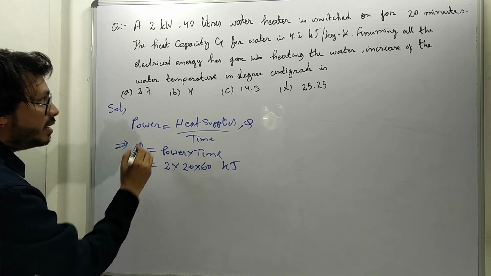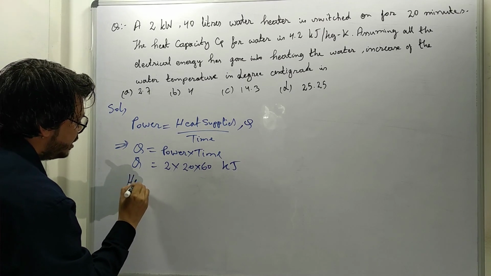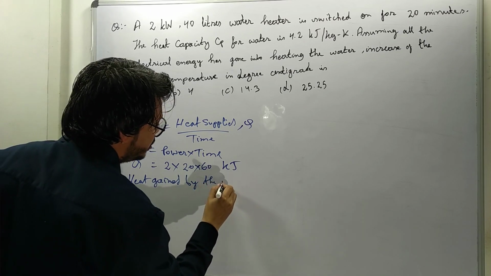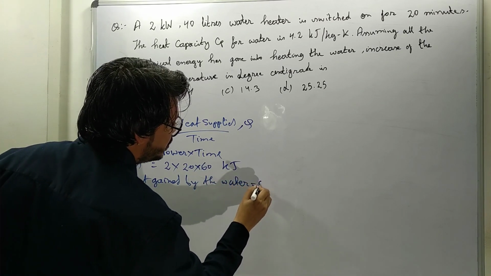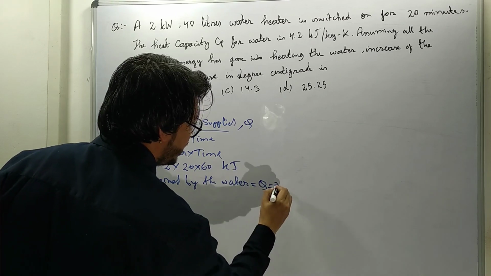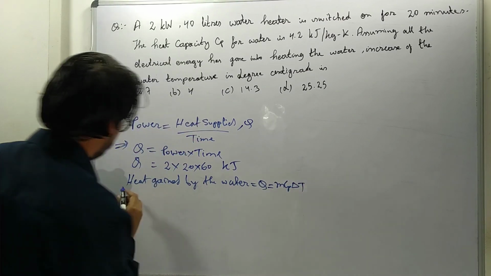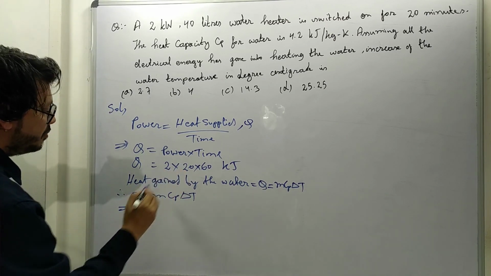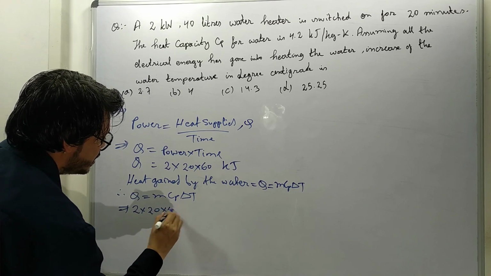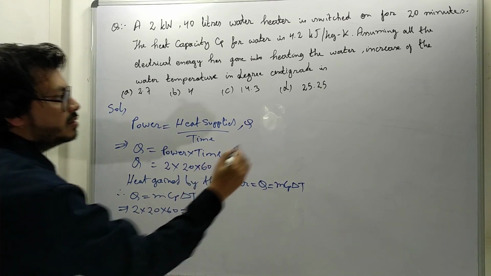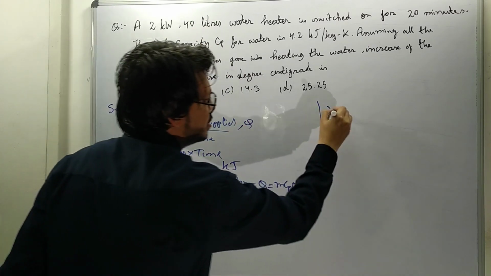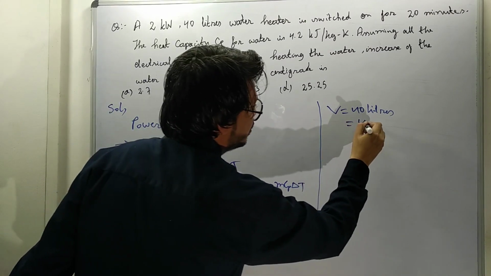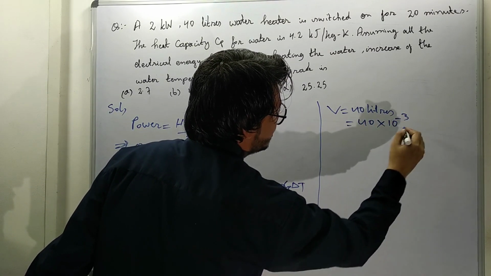So energy gained by the water, heat gained by the water is equal to Q is equal to mCp delta T. Therefore Q is equal to mCp delta T. The value of Q is 2 into 20 into 60 is equal to mass of water. Volume of water is given. So volume of water is 40 liter. If we convert this in meter cube, we multiply it by 10 to the power minus 3. We get the meter cube.